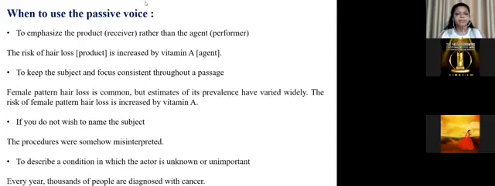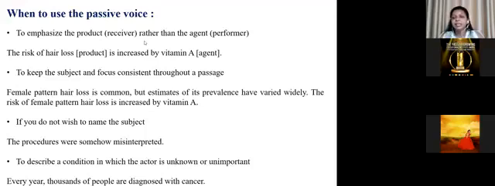Okay, let me sum up some of these things. We'll especially look at when to use passive voice. When you want to emphasize the receiver rather than the agent, or when you want to emphasize the process rather than the performer.